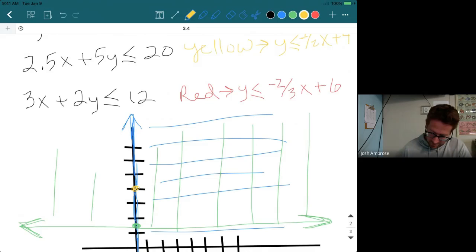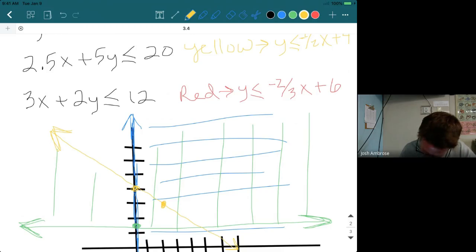Then negative 1, down 1, right 2. So we're going to be right there. And it does say again, or equal to, so we have a solid line. Okay, let's go right there. And it does say less than.